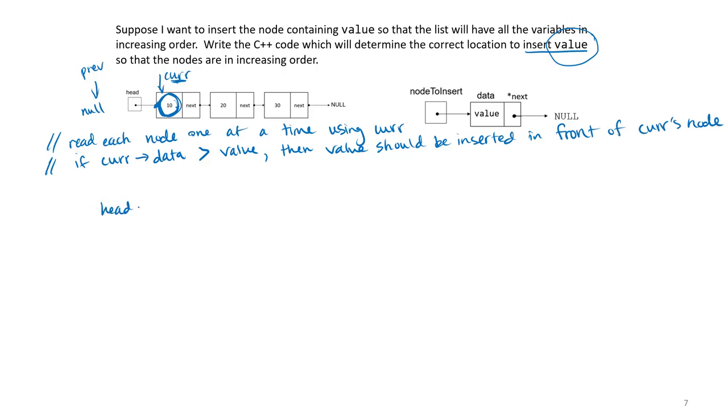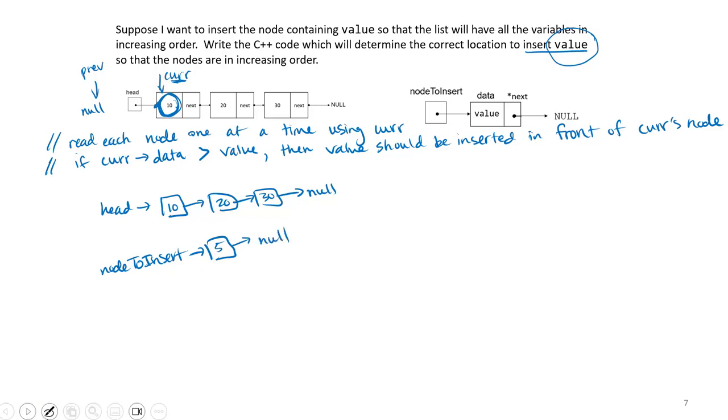For example, if we had our head pointer pointing to 10, 20, 30, and node to insert was pointing at the value 5, then we would know right away that 10 is greater than our value, which is 5, so we would want to insert such that our value 5 was at the beginning.